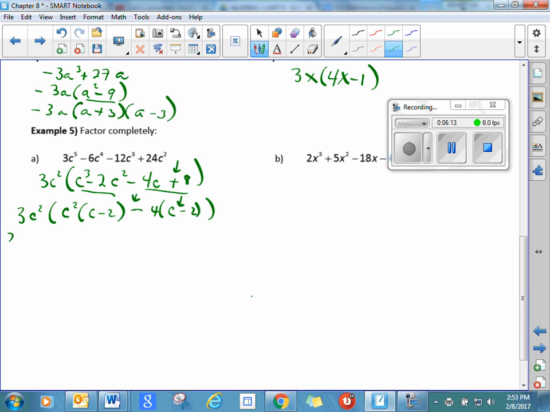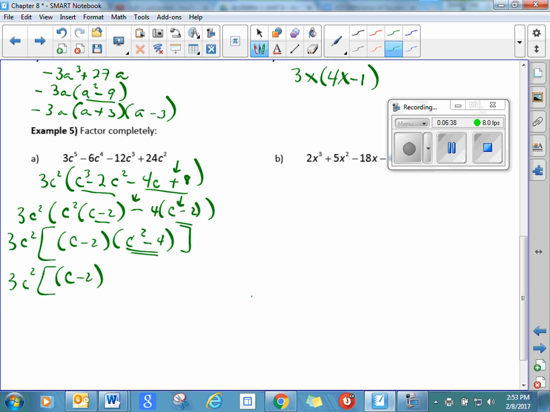So now our next step inside this grouping symbol is to factor out the factor they have in common. So I have the c minus 2, and what do I have left? c squared minus 4. Do you see your fate? You are not done yet. There is another perfect square.